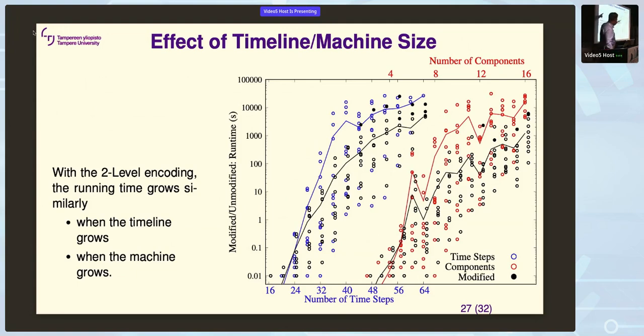And then for another experiment, where the number of components in the machines grows, we have a very similar trend, but it is less smooth.